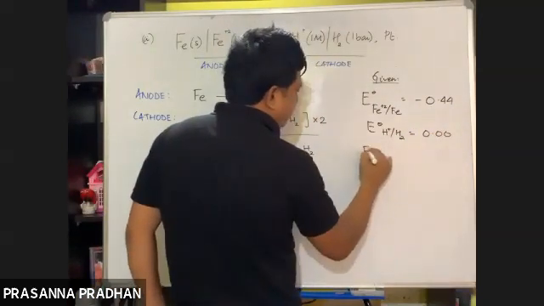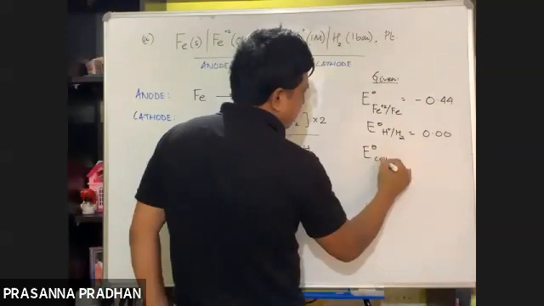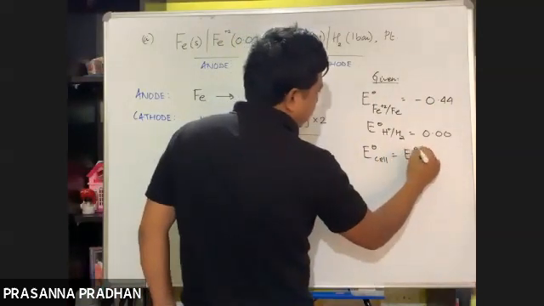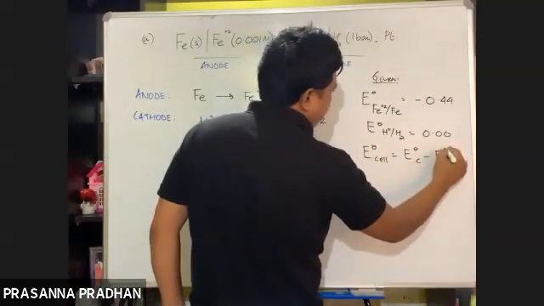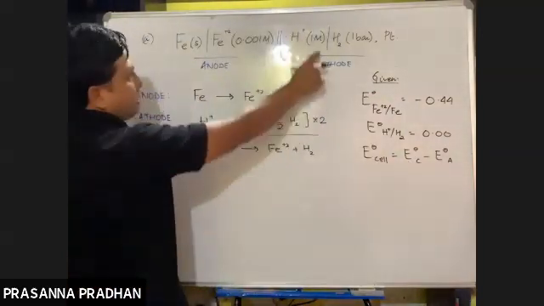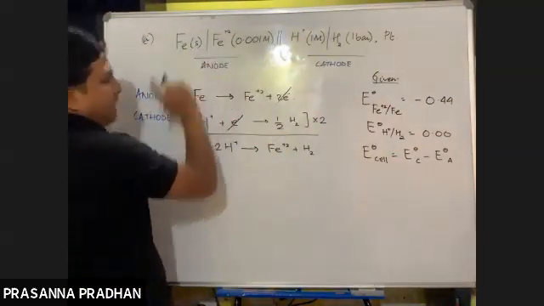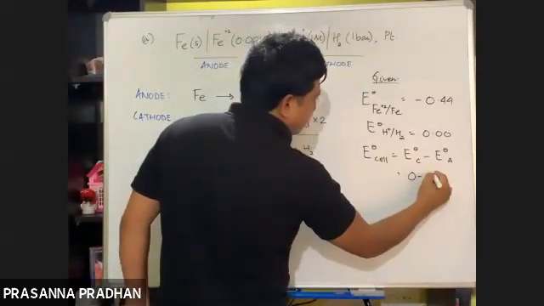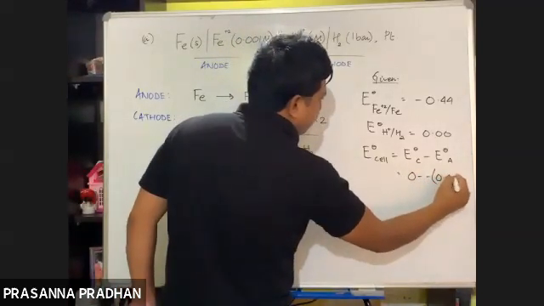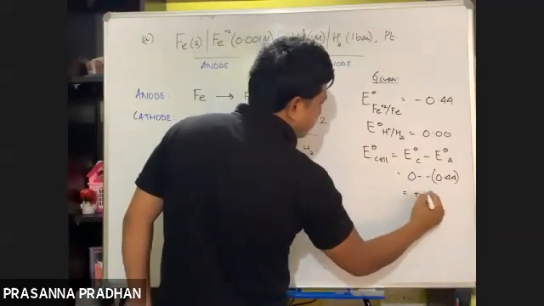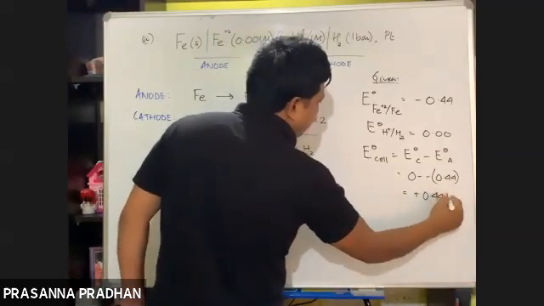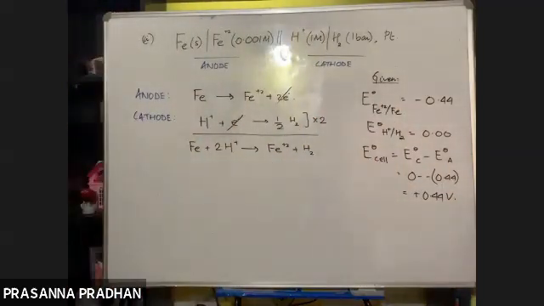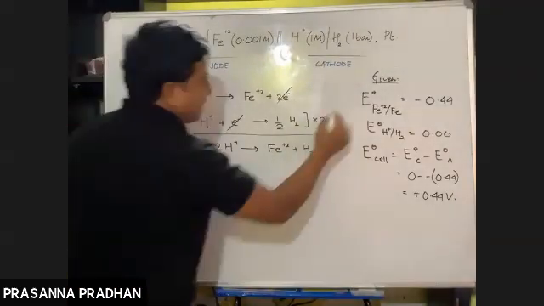So what is E naught cell? E naught cathode minus E naught anode. What behaves as a cathode? Hydrogen electrode. What behaves as an anode? Iron electrode. So cathode is hydrogen electrode, 0 minus of minus 0.44. So E naught cell is going to be plus 0.44 volt. So I've calculated separately the value of E naught cell.